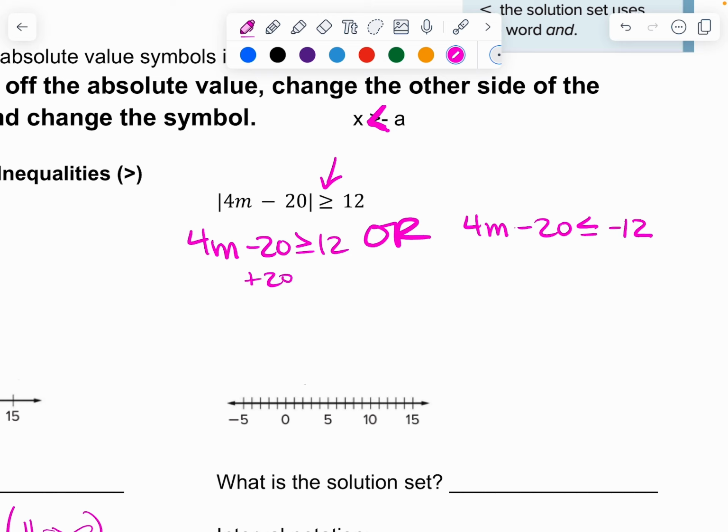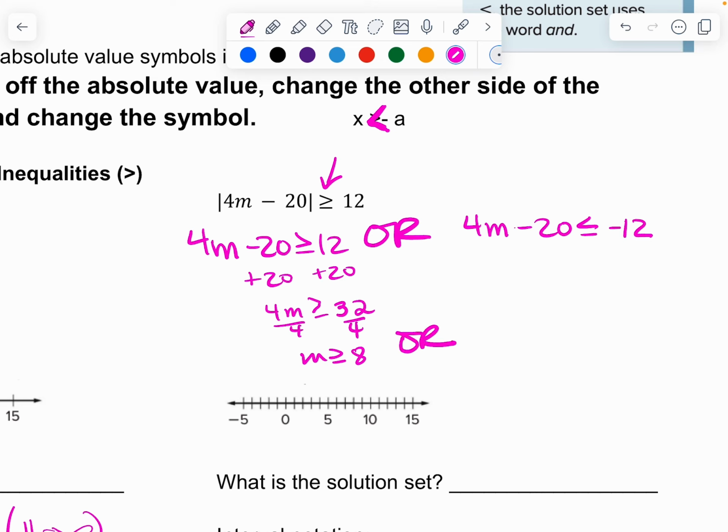I add 20 to both sides. I get 4m is greater than or equal to 32, divide by 4. m is greater than or equal to 8.